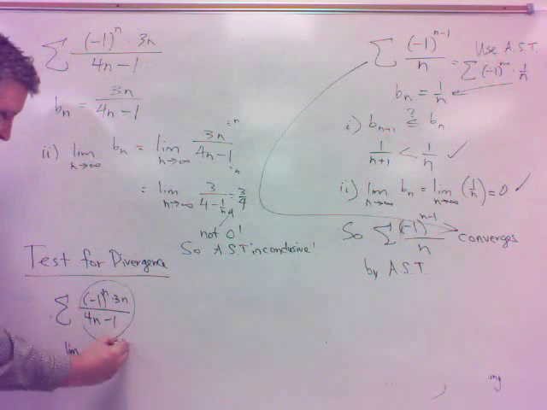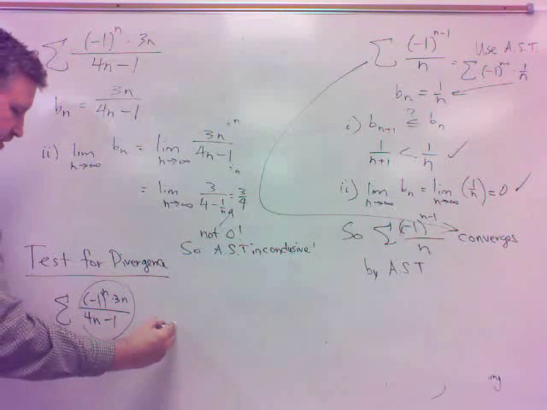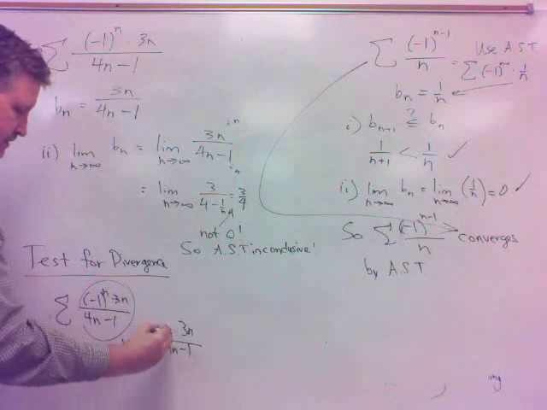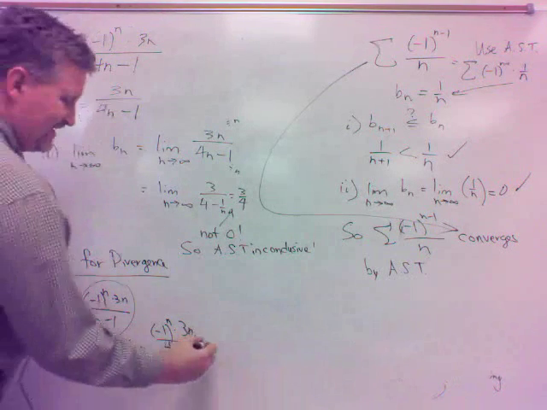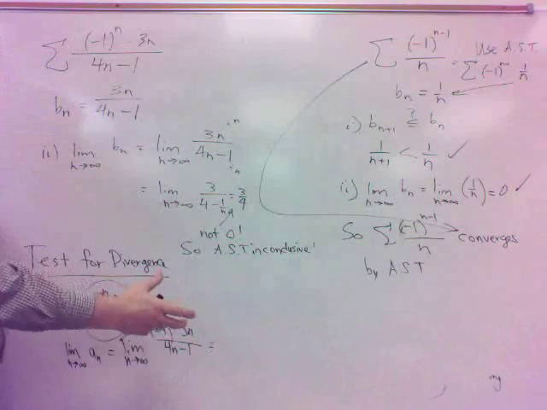Well, let's think about that. If we look at the whole thing now, a sub n, negative 1 to the n times 3n over 4n minus 1, we can't conclusively say what the limit is, because what happens? Well, it kind of breaks up into two things, doesn't it?